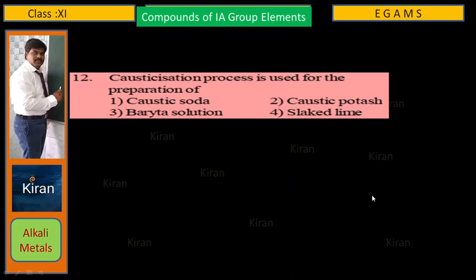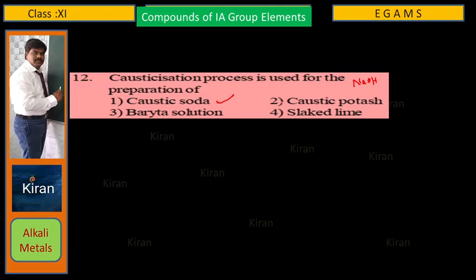The causticization process is used for the preparation of which compound? Yes, the right option is the first one, caustic soda. Caustic soda means NaOH.